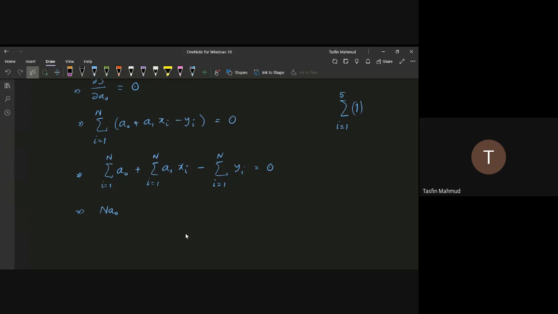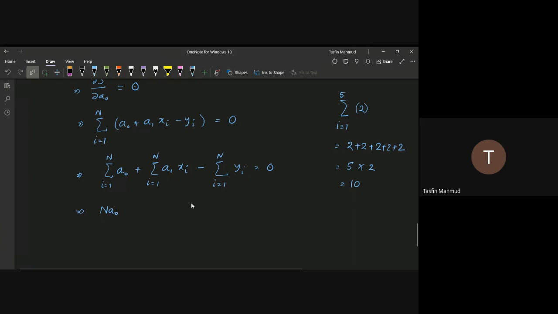This actually means that we are adding 5 twos, right? So adding 5 twos will give us 5 times 2, and it will give us 10. So here we are doing the same thing. a naught is a constant, and we are adding a naught n times. So we are actually getting n a naught.